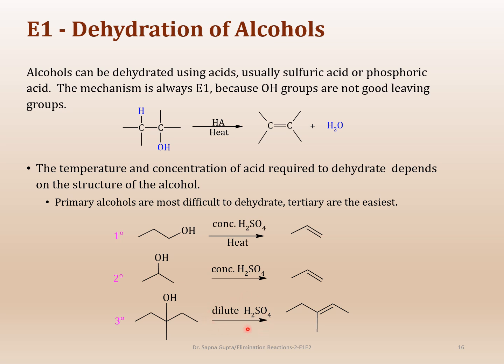So the conditions are also very tame. The fact that you already know that tertiary carbocations are more stable tells you that this is very favorable. And the conditions are also telling you that this is favorable. And now you're also certain that this is an E1 mechanism because this is going to be forming a tertiary carbocation.